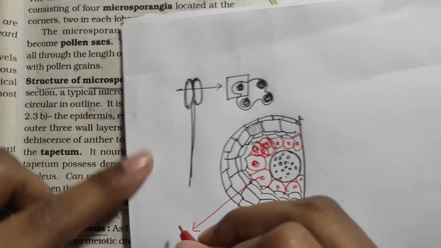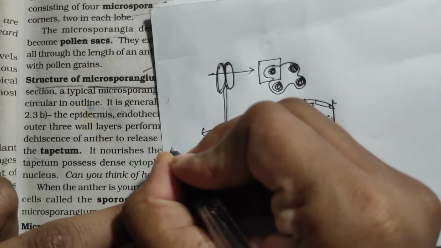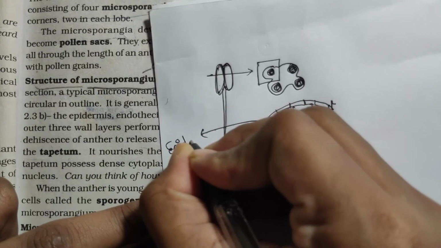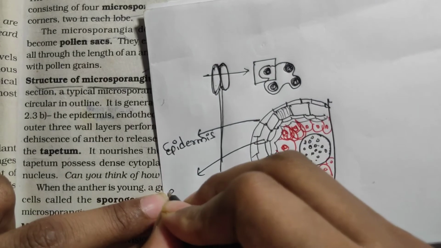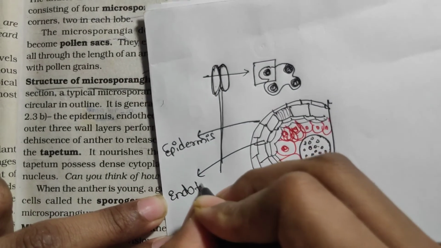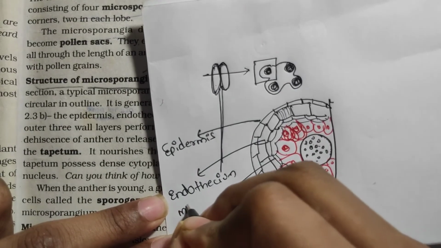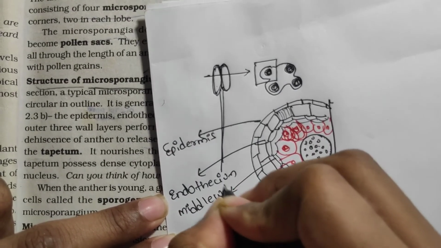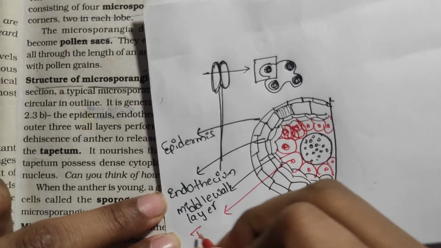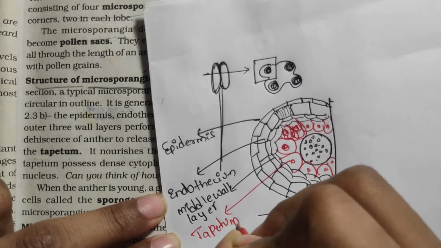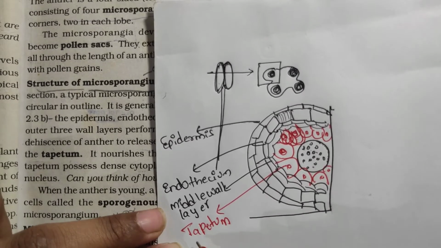Now we'll name everything. The first wall layer was the epidermis. The second was the endothecium. The third was the middle wall layer, and the fourth was the tapetum. Because the tapetum has a very important role, I have highlighted it a bit.